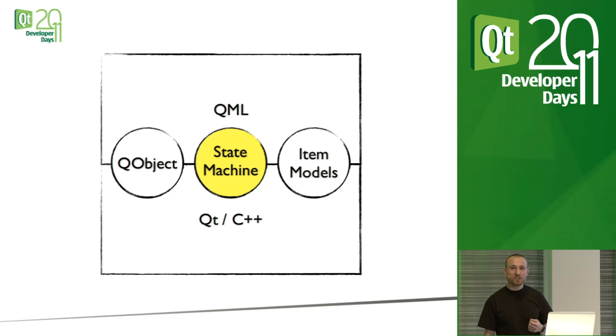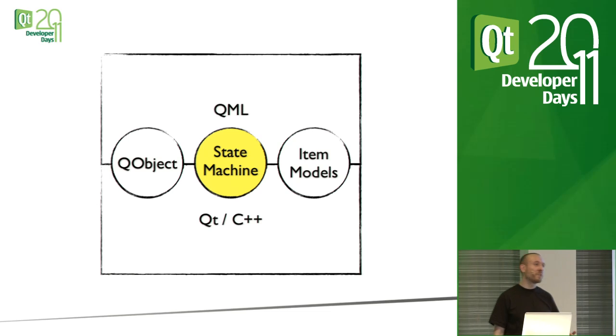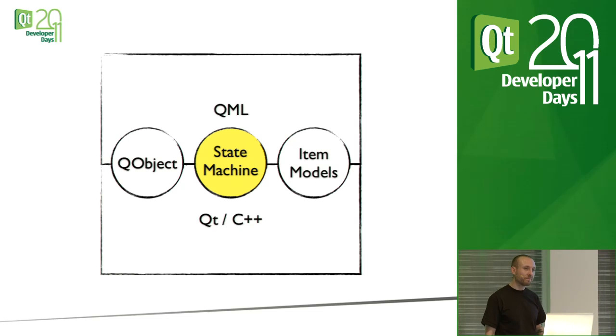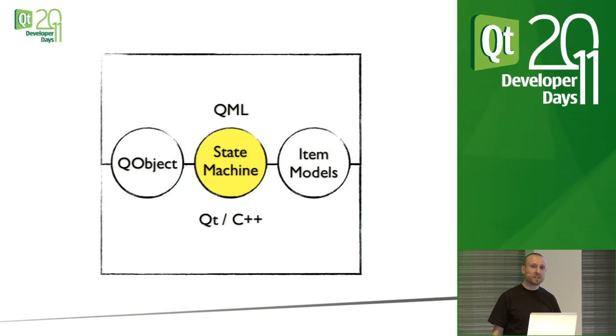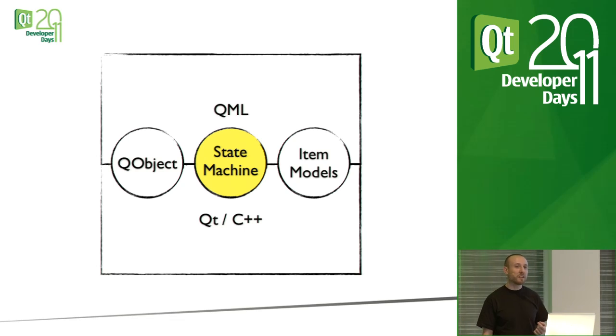And then some of you might ask, so QML has states, why are you not using QML states? Anybody in this audience that is using QML and QML states extensively? Yeah. Then you might have run into an issue with QML states.